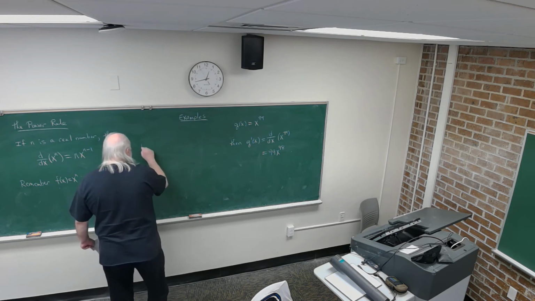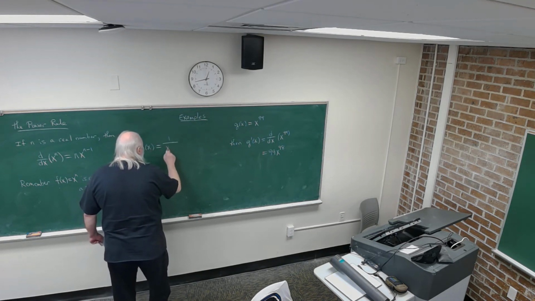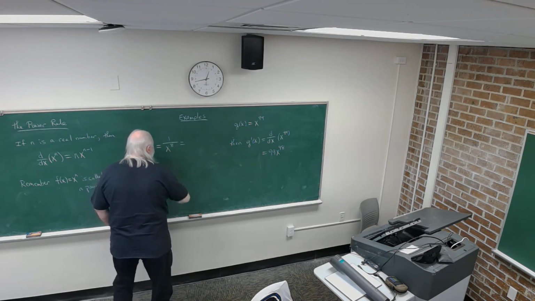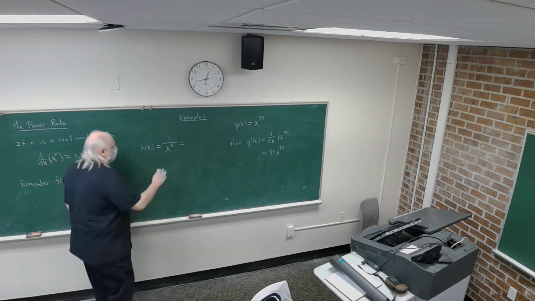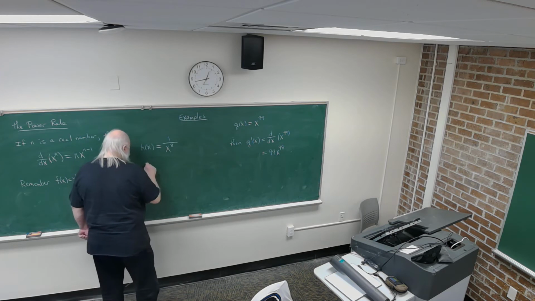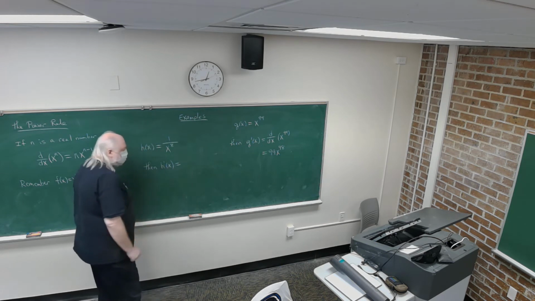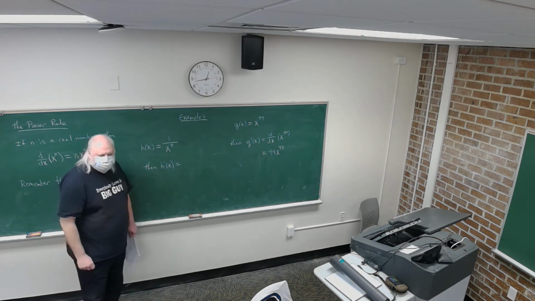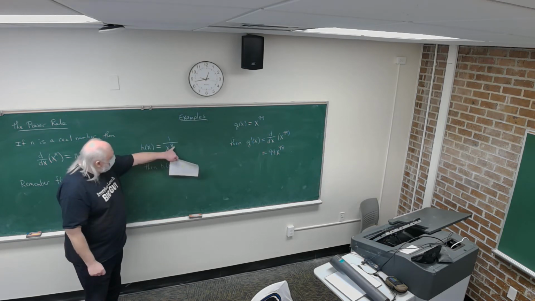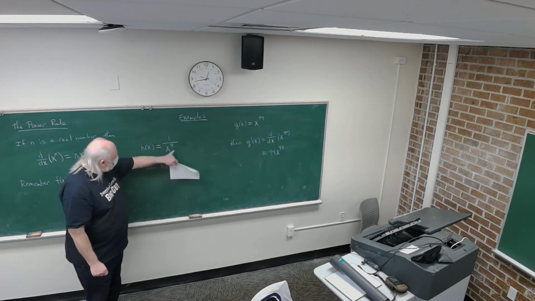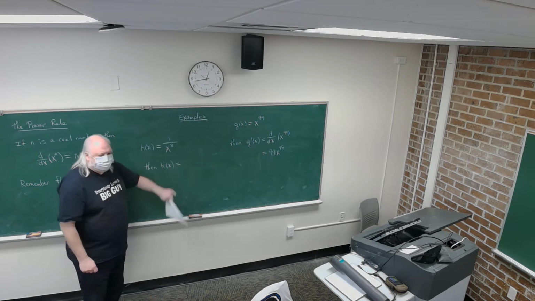If I have h of x is equal to 1 over x to the 8th, is the derivative 1 over 8 times x to the 7th?